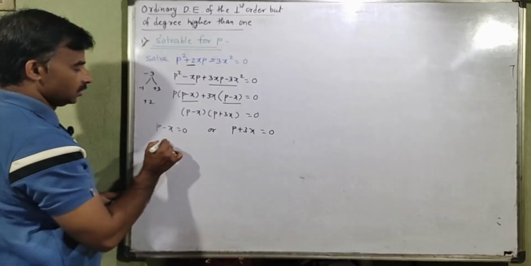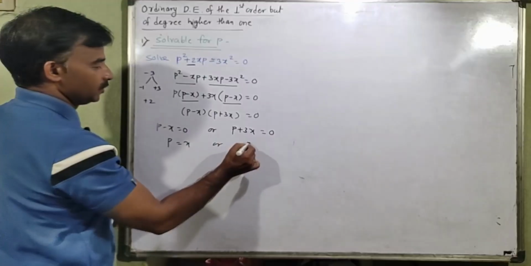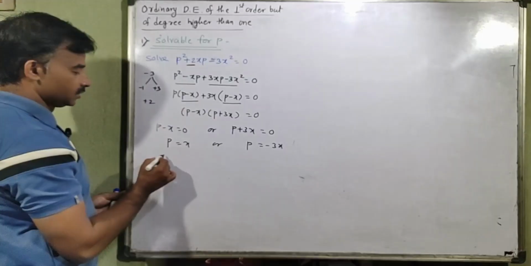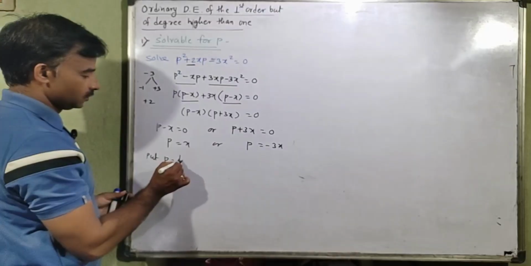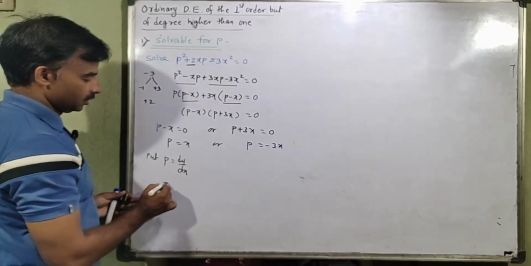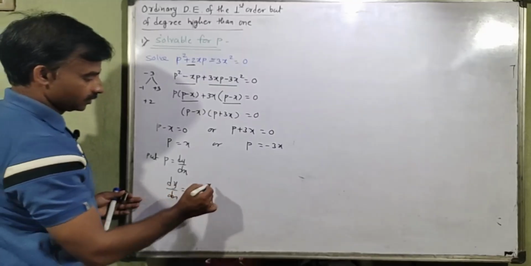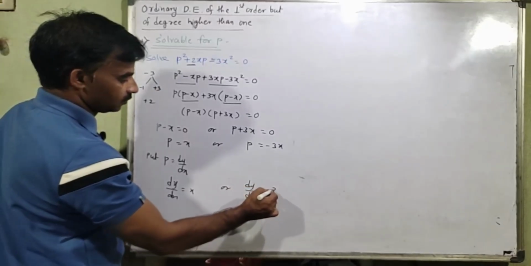Right now p is equal to x, or p is equal to minus 3x, and put p is equal to dy by dx. You will get dy by dx is equal to x, or dy by dx is equal to minus 3x.